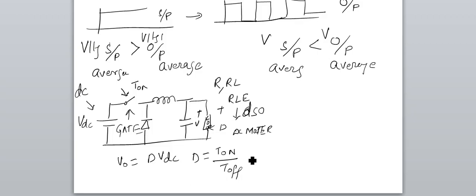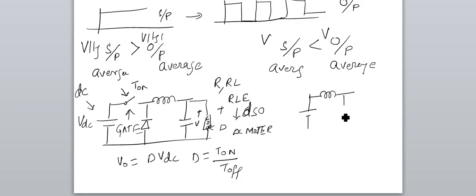Next is our boost converter. For a boost converter, the output will definitely be higher than the input voltage. For a boost converter, the circuit changes. This is a DC supply, again we are giving a DC supply.